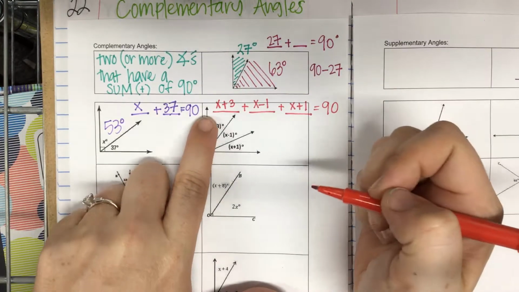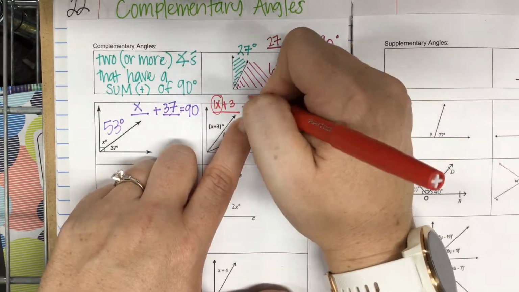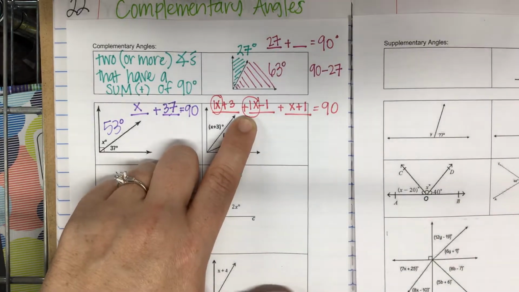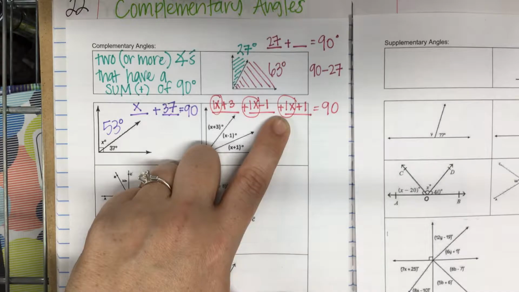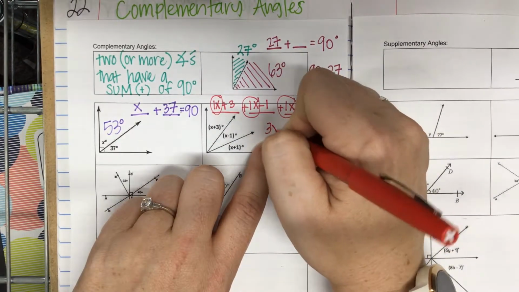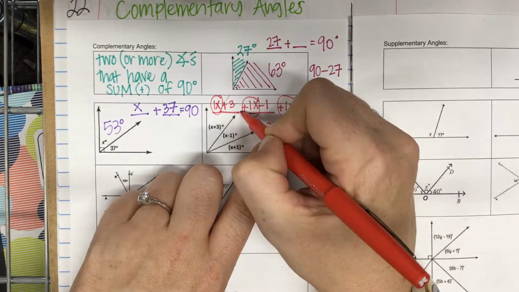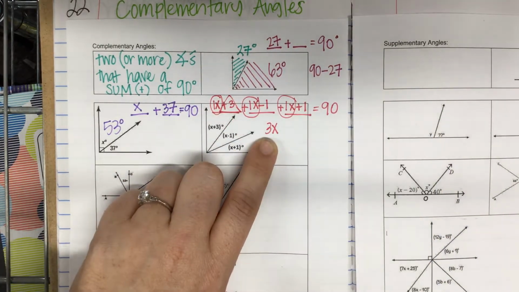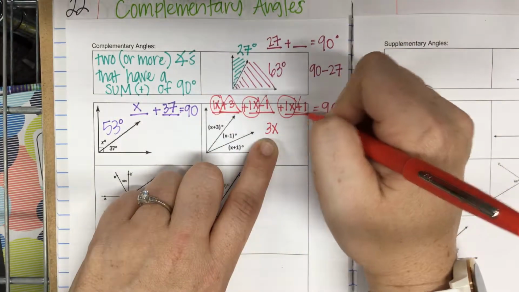So let's combine like terms. 1x plus 1x plus 1x. What does that equal? 3x. And then I have positive 3 minus 1 plus 1.